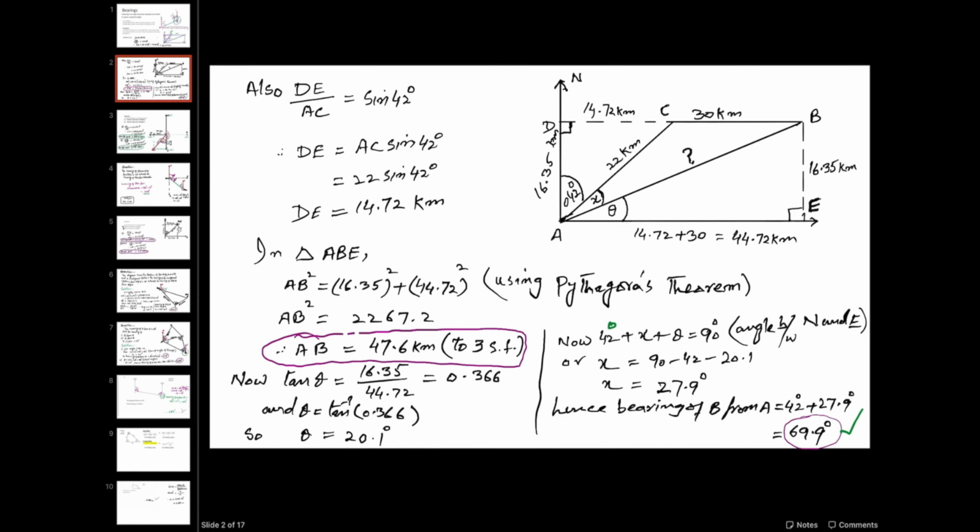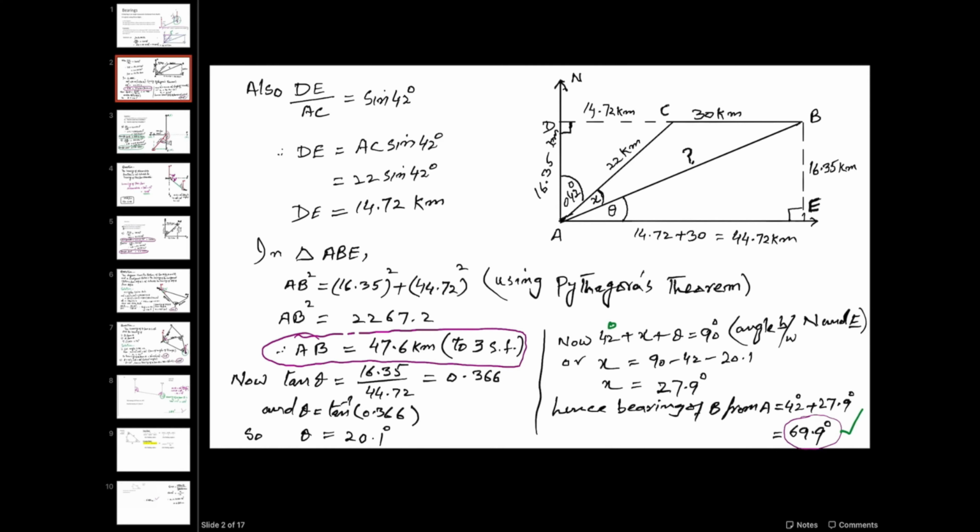Now again, DE upon AC is equal to sine 42 degrees. I have used trigonometric ratios. Sine theta is equal to opposite upon hypotenuse. So DE upon AC is equal to sine 42 degrees and DE is equal to AC sine 42 degrees.